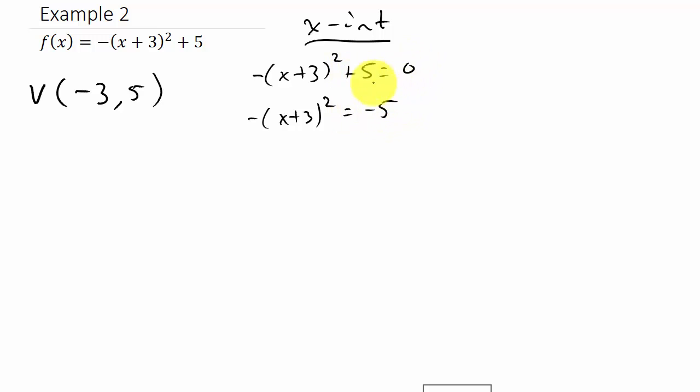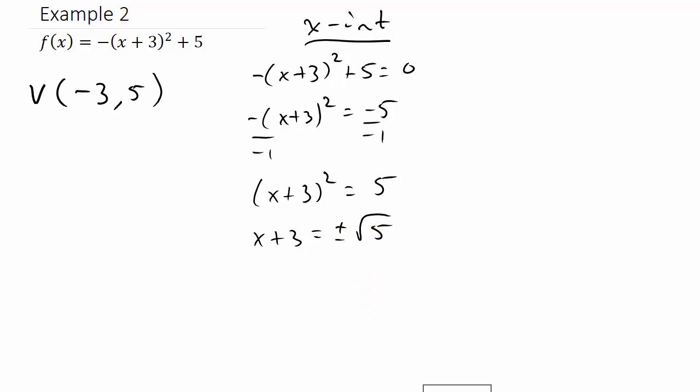I'm moving the 5 over, and then I'll divide both sides by -1. So (x plus 3) squared equals 5. And so x plus 3 equals plus or minus the square root of 5. And then I'm going to subtract 3 from both sides. And so I get x equals -3 plus or minus square root of 5.